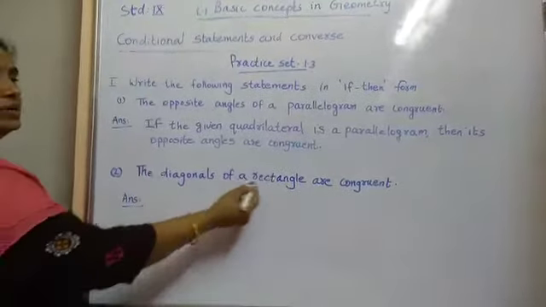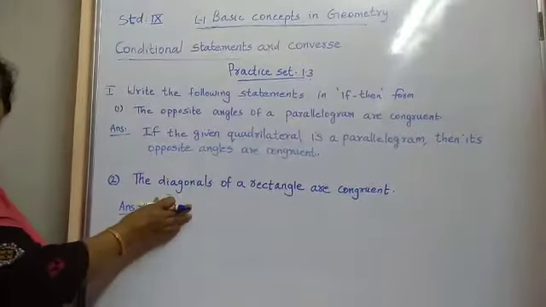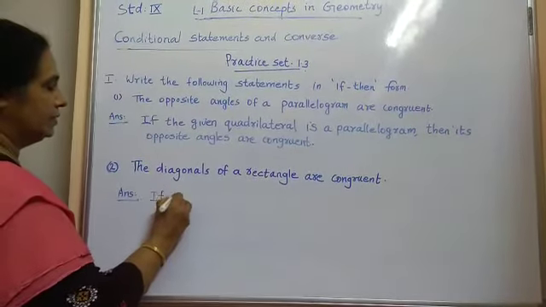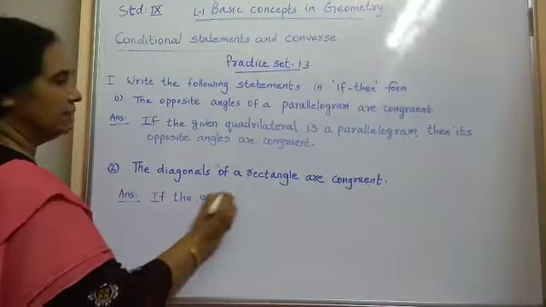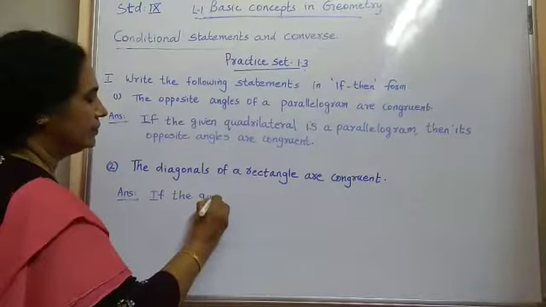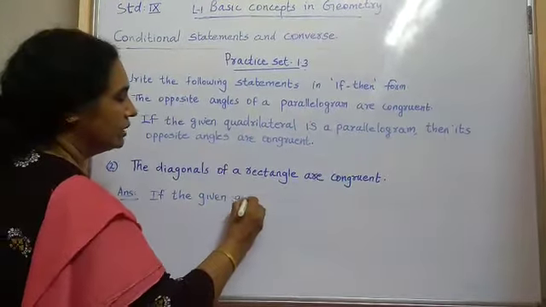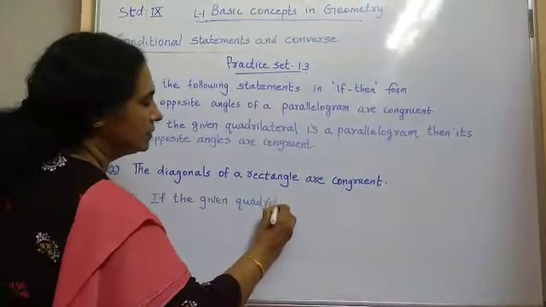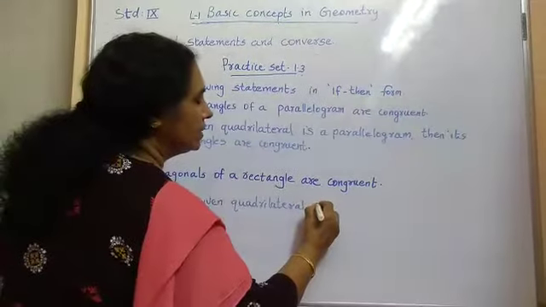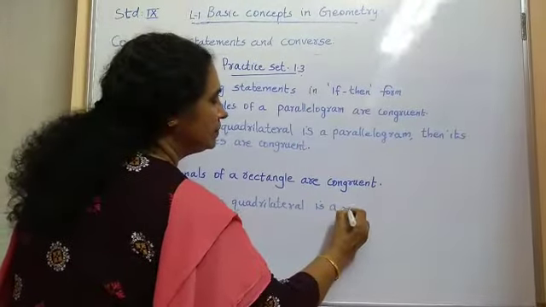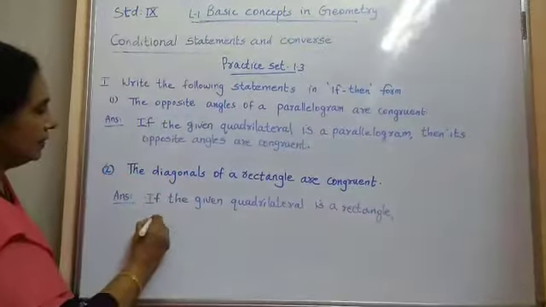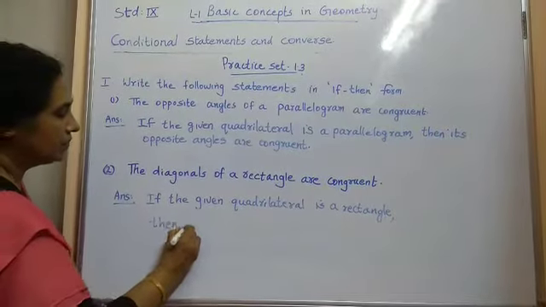Next question. The diagonals of a rectangle are congruent. This is the given statement. If the given quadrilateral is a rectangle, then its diagonals are congruent.